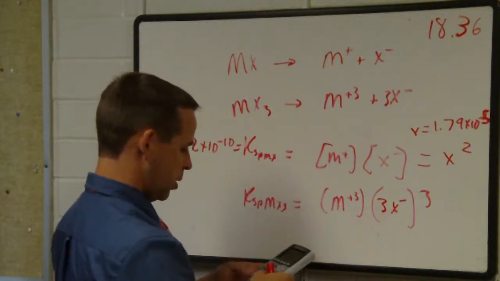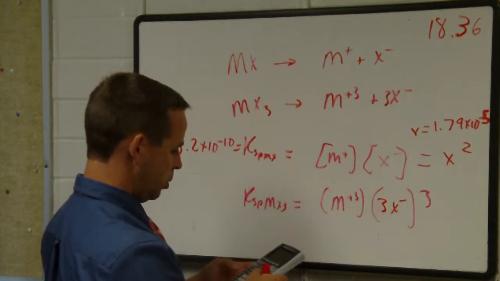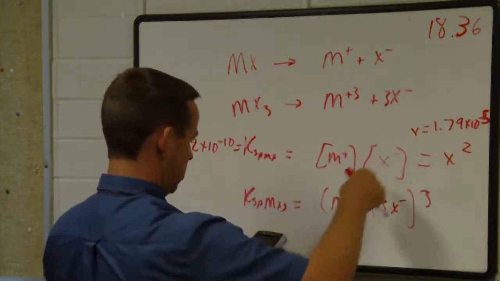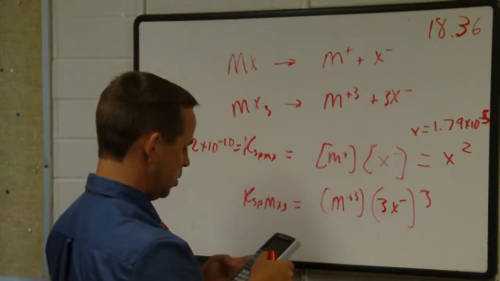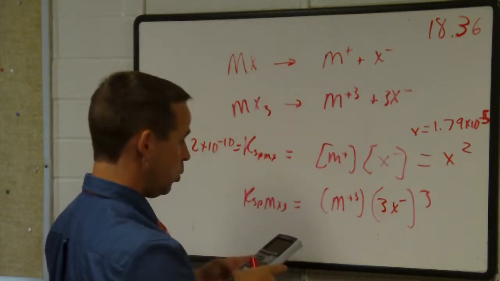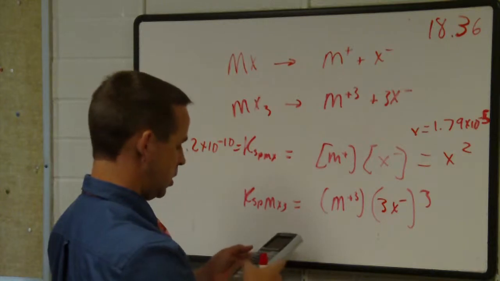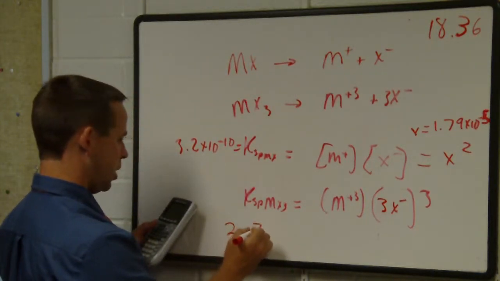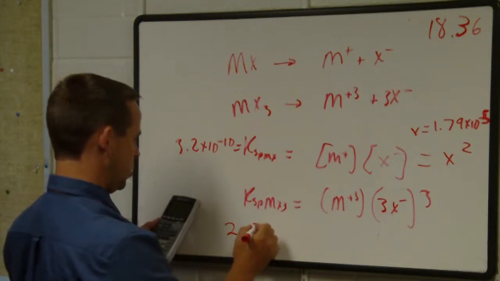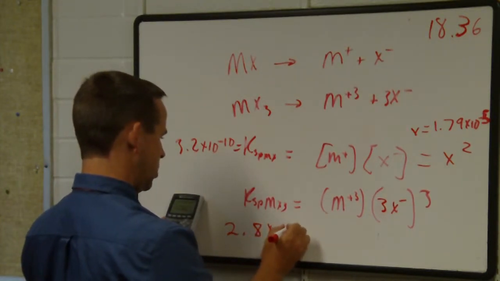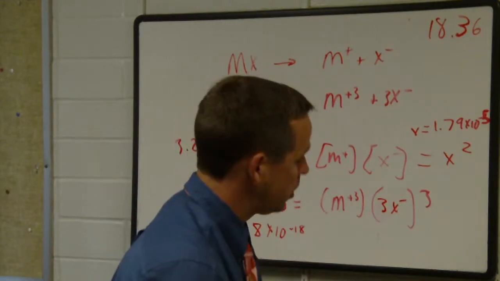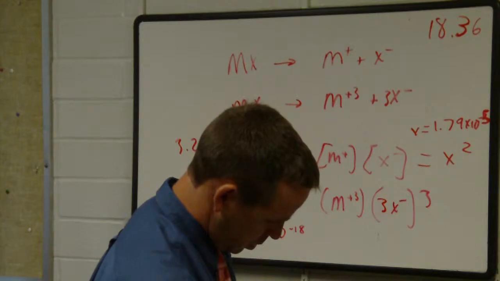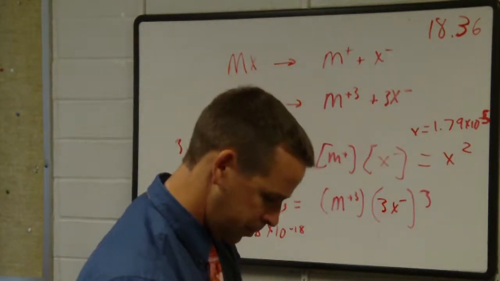We're going to multiply it by 3, and then we'll cube it, and then we'll multiply it by this value again, 1.79 times 10 to the minus 5. All right, so that gives us 2.8 times 10 to the minus 18. Okay, good deal.